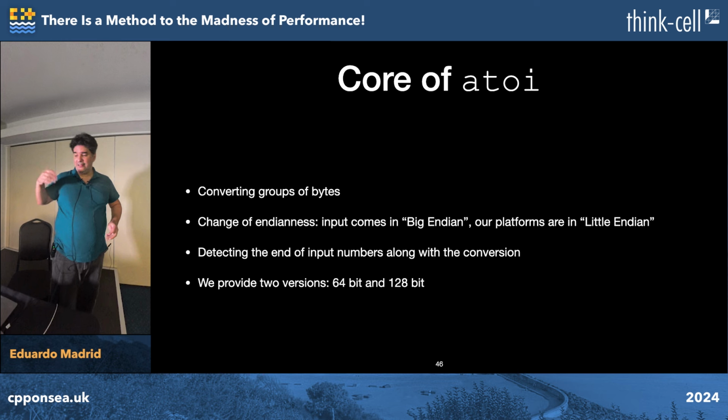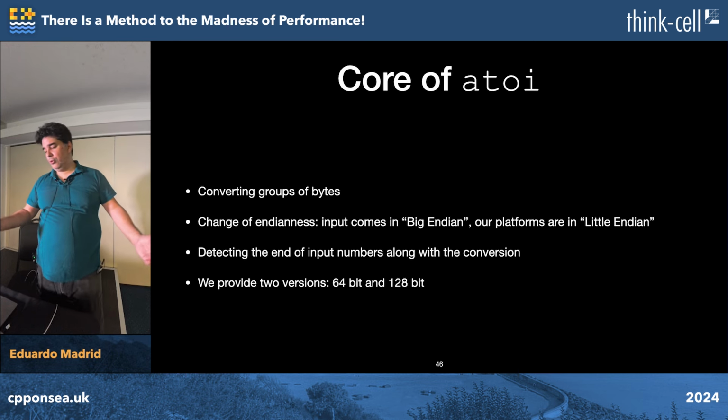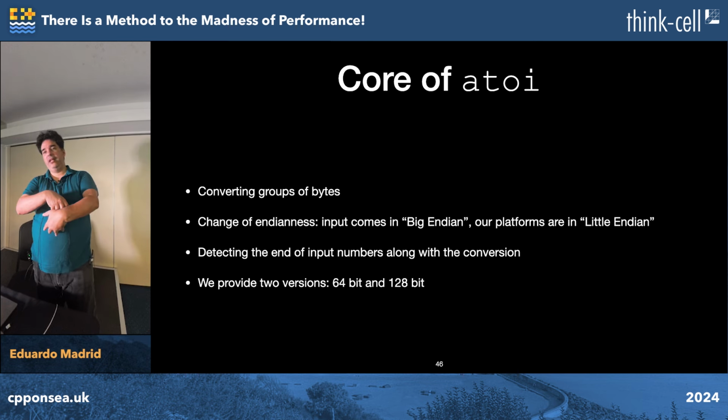And that has its own complication because from the perspective of a machine that is little endian, the most significant number is the first to appear in the alphanumeric string, but it's going to be the one that is in the memory position furthest from the beginning in the result. So, in a way, we had to invert the endianness of the input.